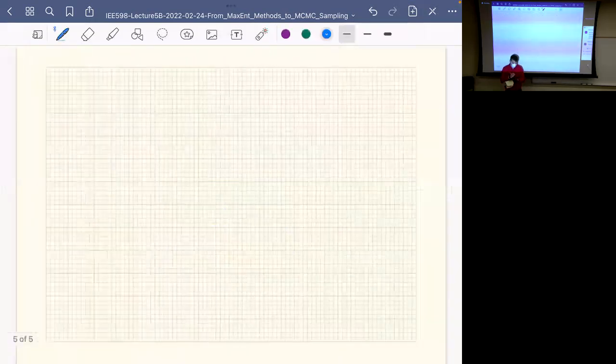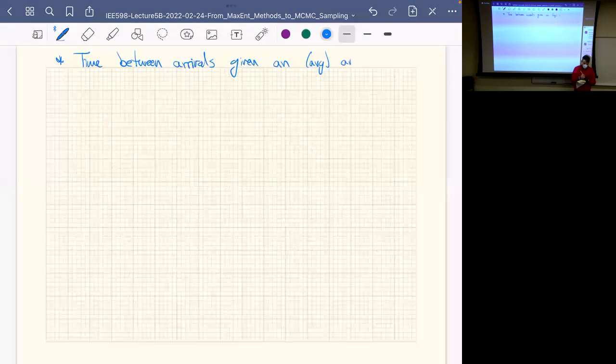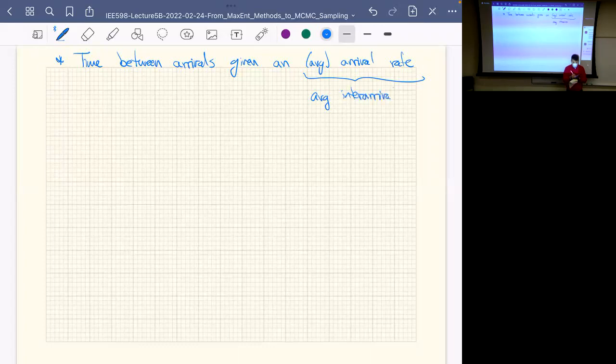So if I wanted to, this is kind of the more common case you might see in modeling. And if you've ever taken courses in queuing theory, et cetera, then this should be somewhat familiar. You could say, well, what is the time between arrivals, given an average arrival rate, or equivalently, an average inter-arrival time.